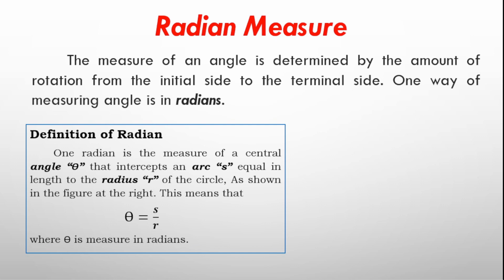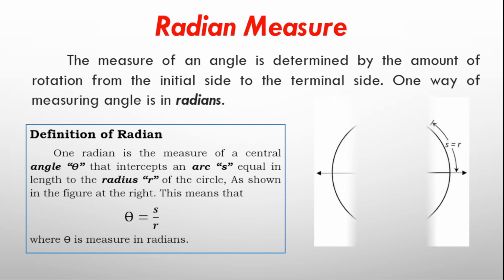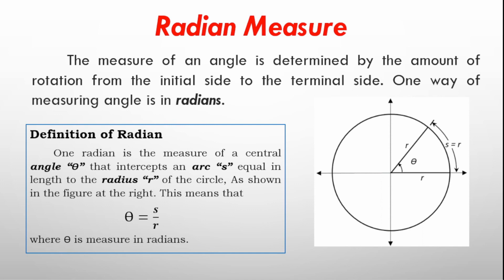As shown in the figure at the right, this means that angle theta is equal to arc S divided by the radius, where theta is measured in radians. This illustration shows 1 radian. Why? It is because the length of the radius is equal to the length of the intercepted arc. That makes this angle theta 1 radian.